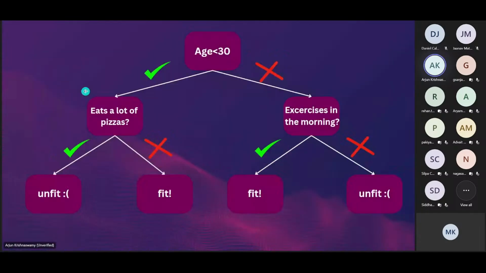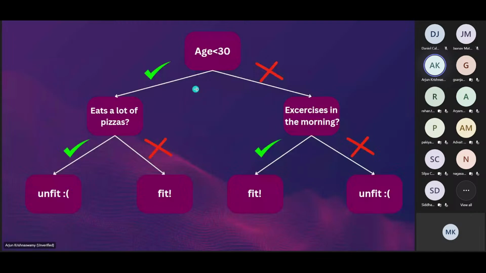Instead of predicting if a person is fit or not, we can predict the weight range or the weight of a person. So, we can ask more questions relating to his height and, again, his food eating habits. And then after we ask a bunch of questions, we can finally find out the weight range or even the exact weight of a person.